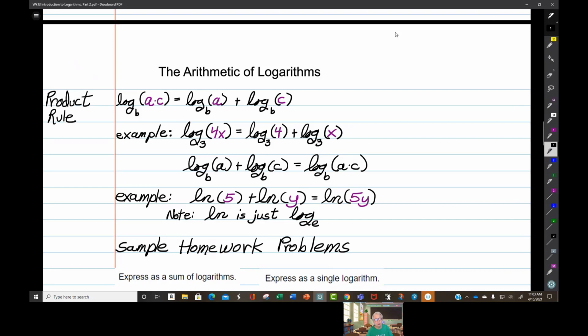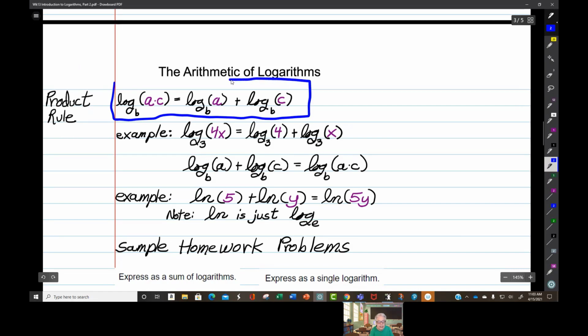Now here's the first rule, and this is why we need to spend more than one day. This is called the product rule. I wrote it over here. The product rule of logarithms.